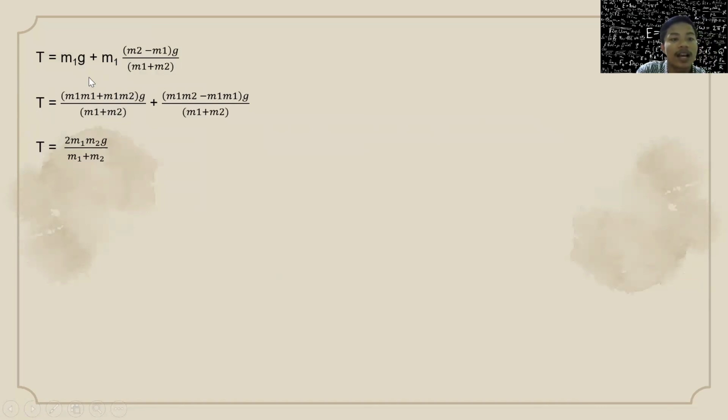T equals m1 times (m1 plus m2) times g plus m1 times (m2 minus m1) times g per m1 plus m2, which means m1 times m1 plus m1 times m2 plus m1 times m2 minus m1 times m1, times g per m1 plus m2. And then T equals 2 m1 m2 g per m1 plus m2.